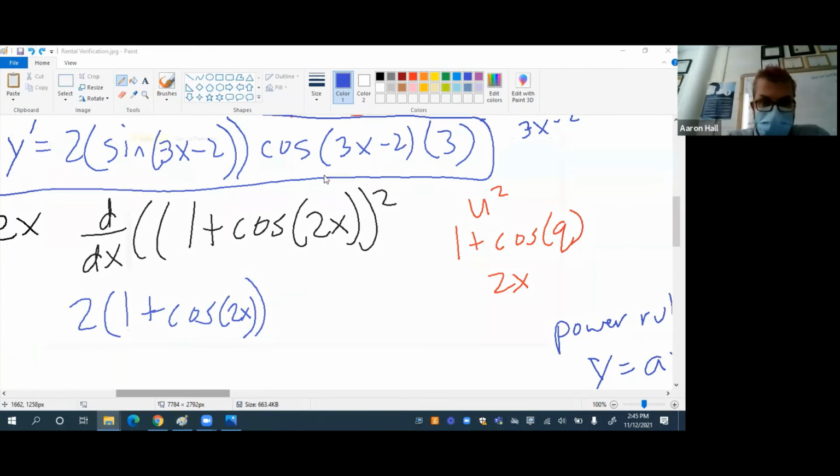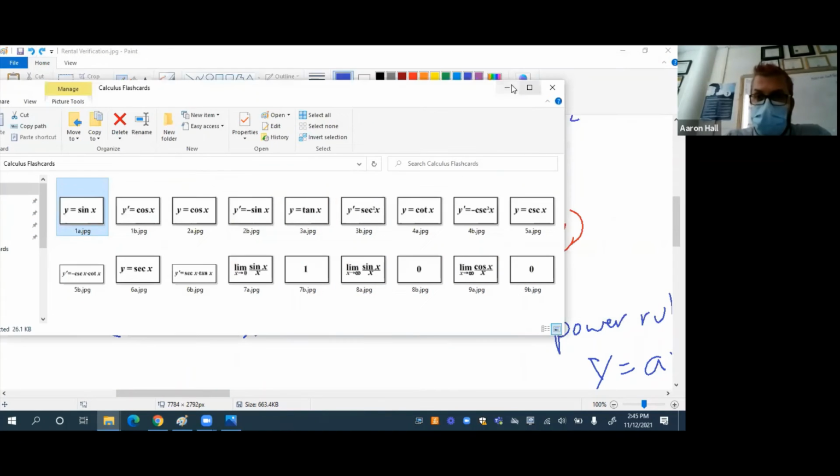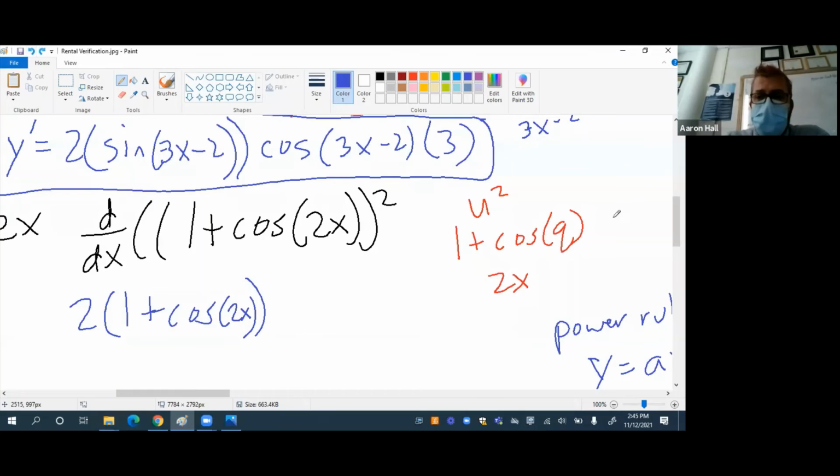Then just put it into a file and then you can flip through these and get lots of repetition. Okay, so the derivative of 1 is just nothing, and the derivative of cosine is negative sine. So I'm going to multiply by negative sine of q, but it was never q.